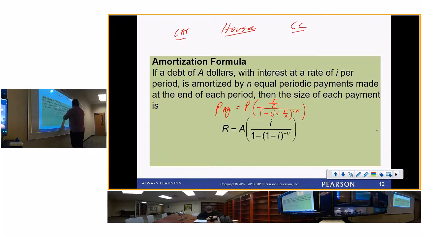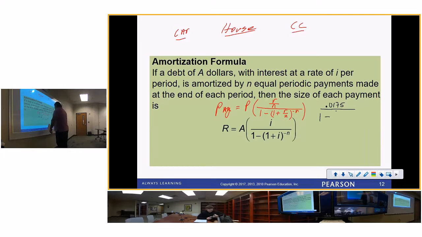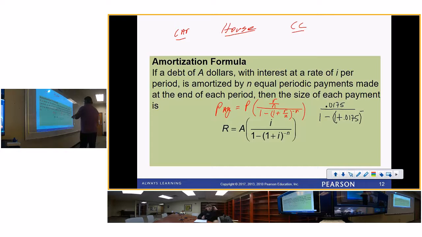Okay, so 0.0175 divided by 1 minus parentheses 1 plus 0.0175 to the negative N, and negative N is what? 60? Yes. Okay, now, and P is equal to 4,000. Yep. And that should crank it out.